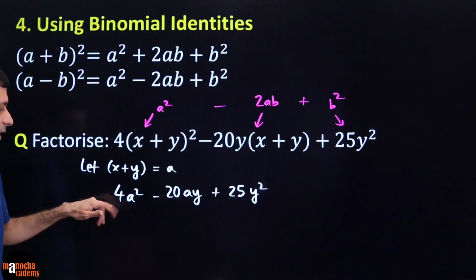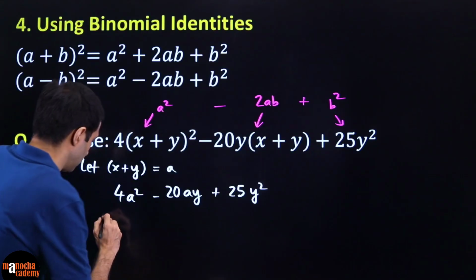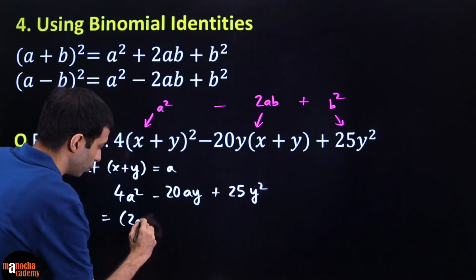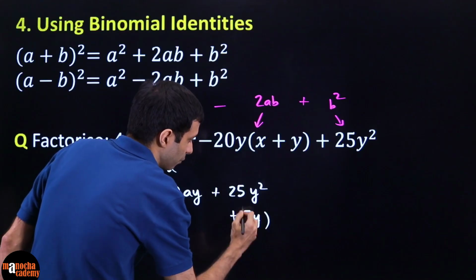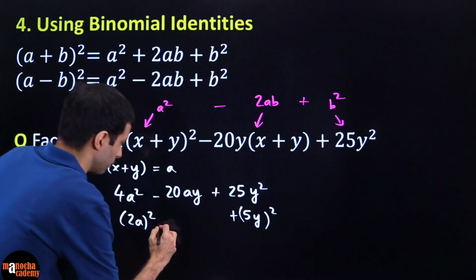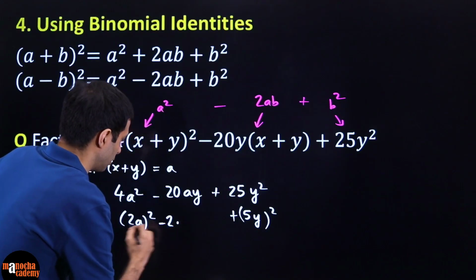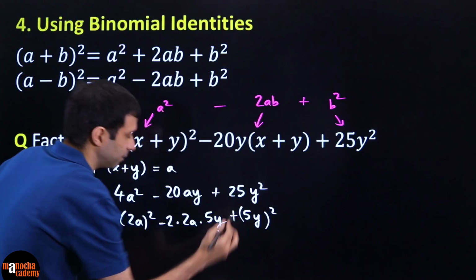So this we can clearly see is 2a whole square. There's a 5y whole square here, and this we need to check is minus 2 times 2a times 5y.